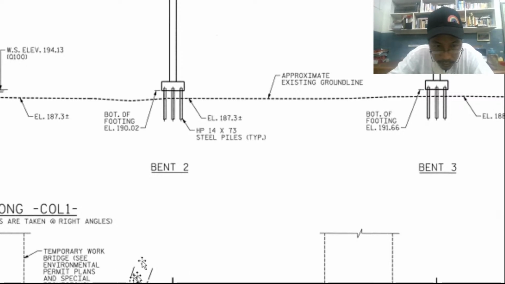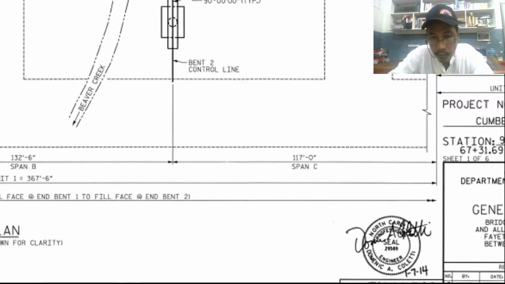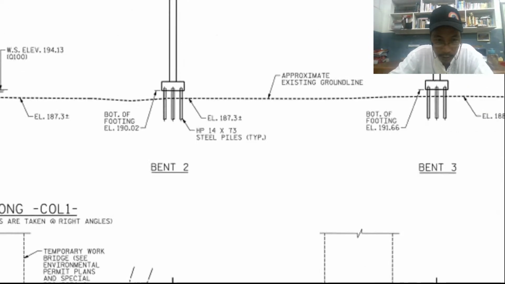We have temporary work bridge, see environmental permit plans and special provision. So there are temporary work to be done. This portion, these broken lines, are for temporary work. Okay.